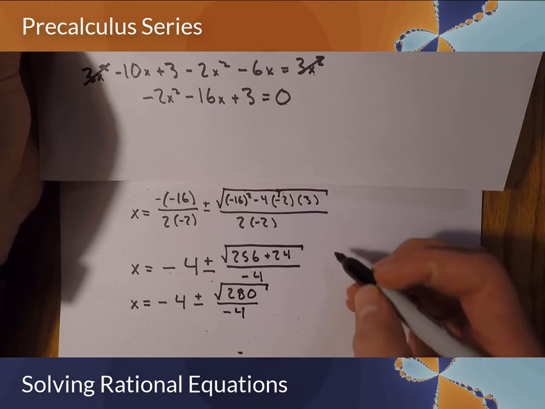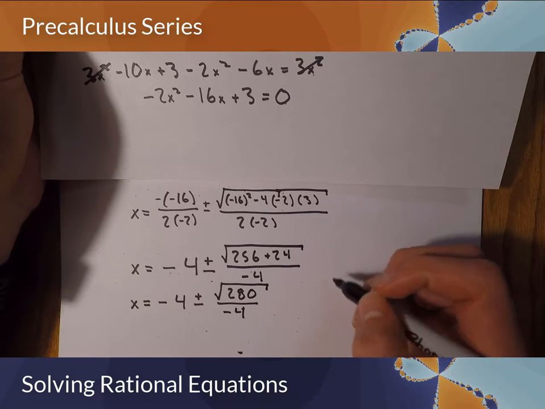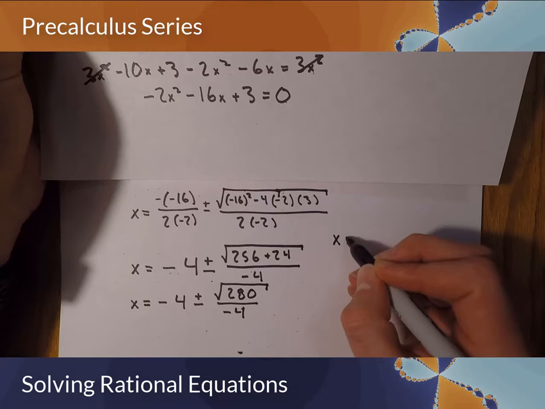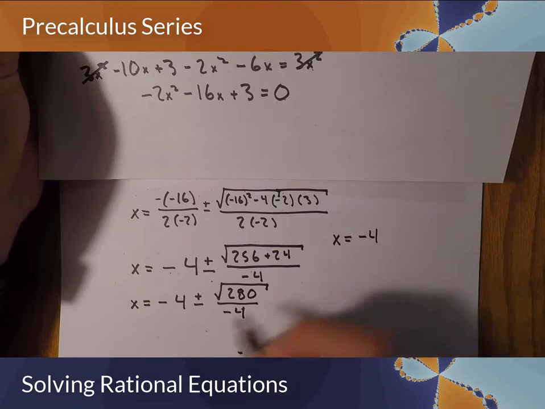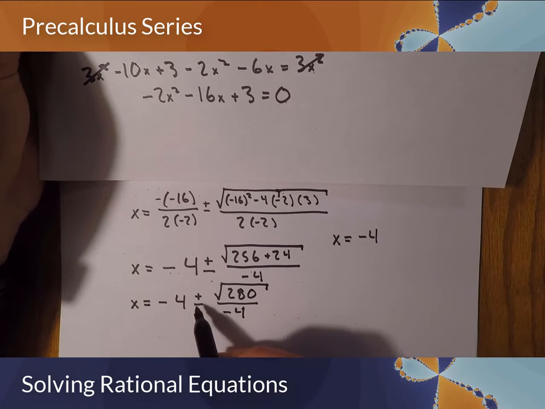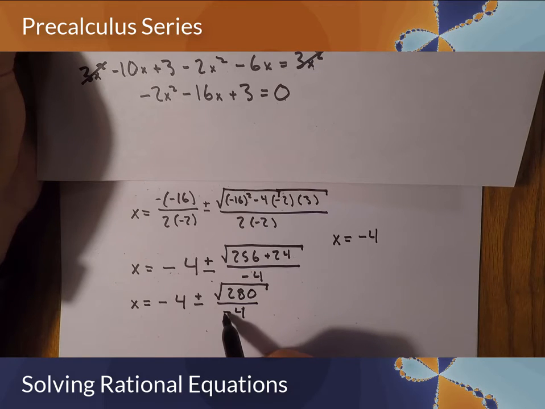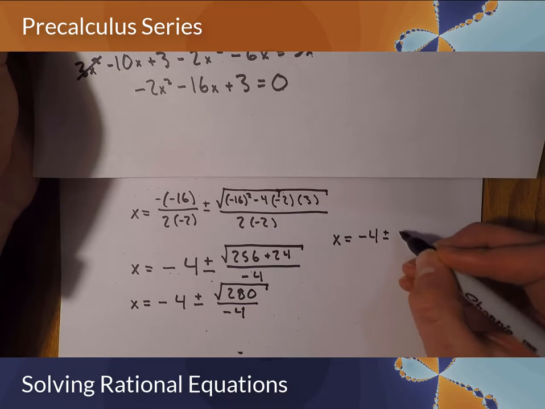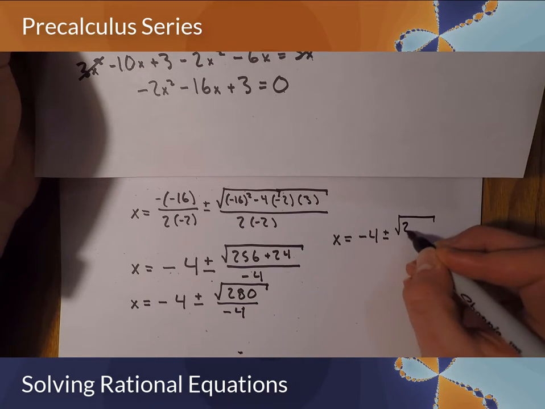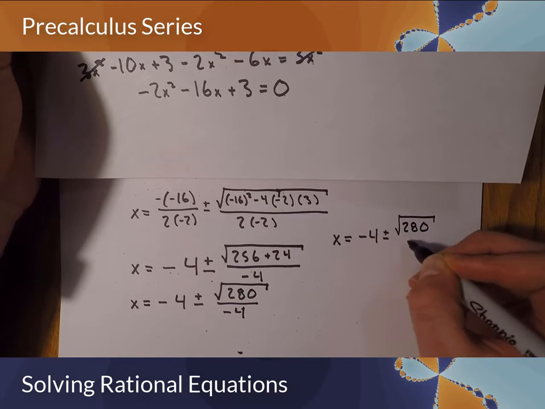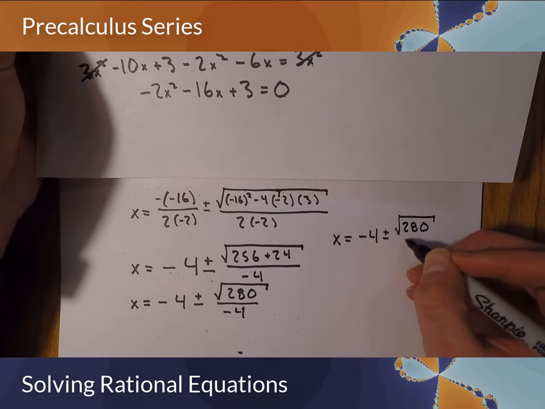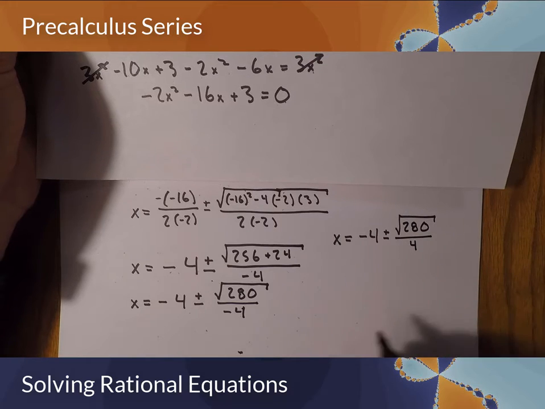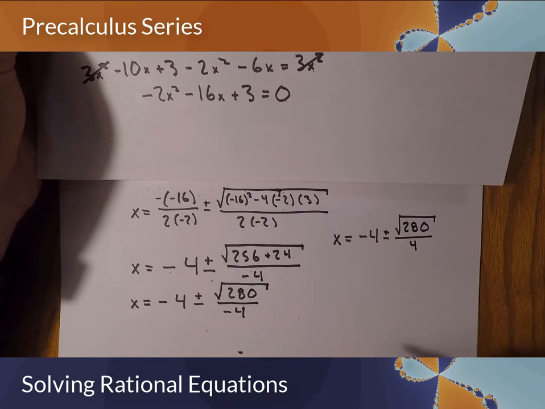Really this negative sign on the bottom doesn't matter, since we have plus or minus: a negative becomes positive, and a positive becomes negative. So that goes away. So our two solutions are 4 plus or minus the square root of 280 over 4.